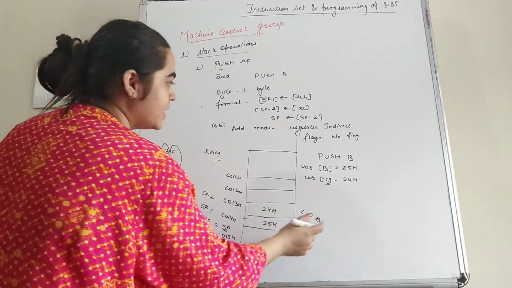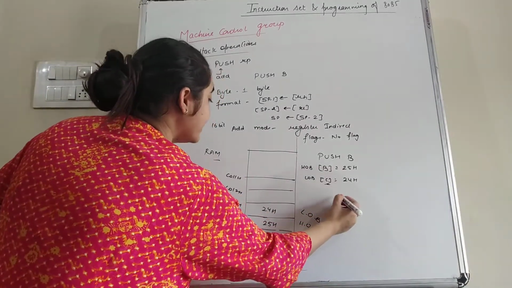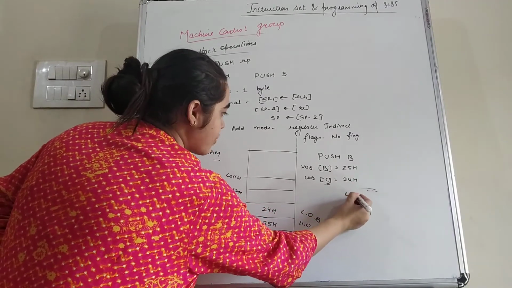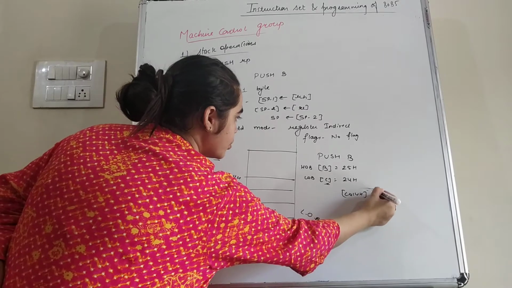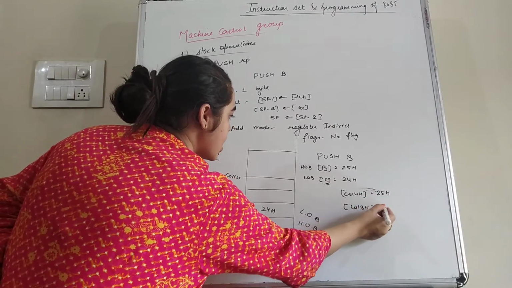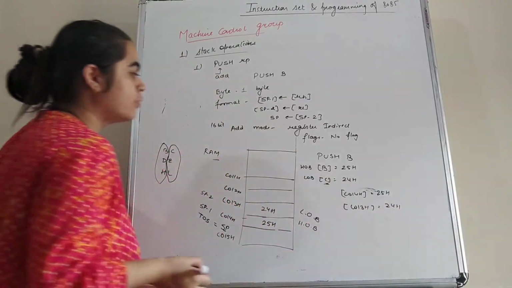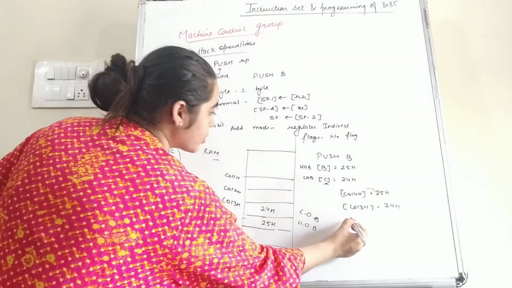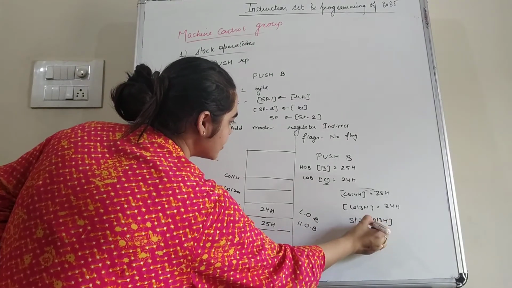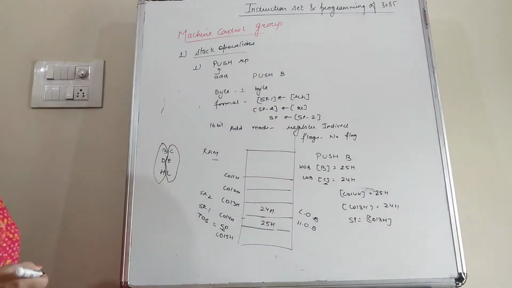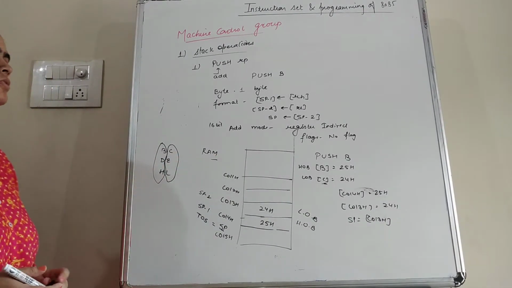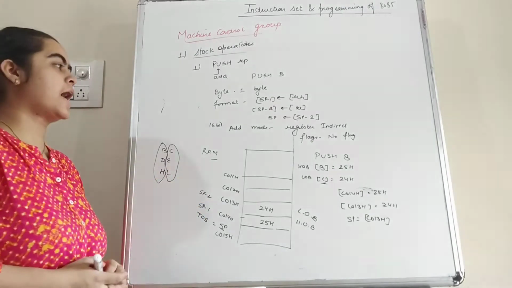We can write here: the value at SP minus 1, that is C014H, is equal to 25H, while the contents of C013H are equal to 24H, and the current location of the stack pointer is C013H after the execution of this instruction. So PUSH is just to push the contents of the register pair into the stack area.